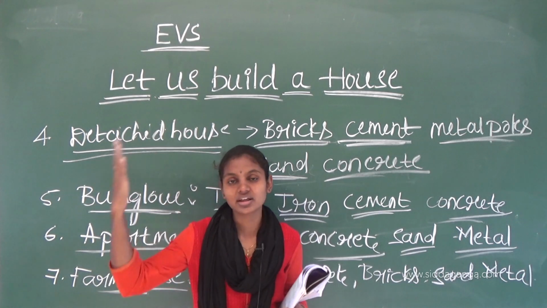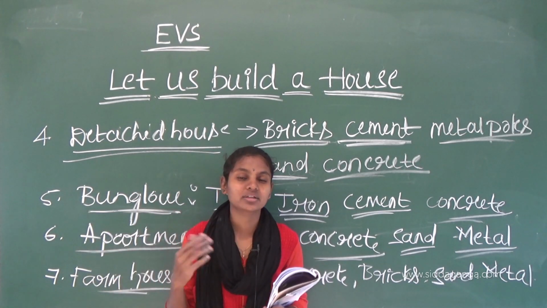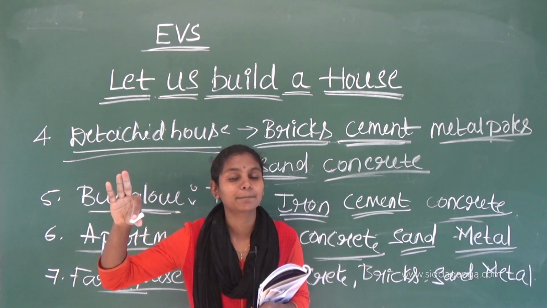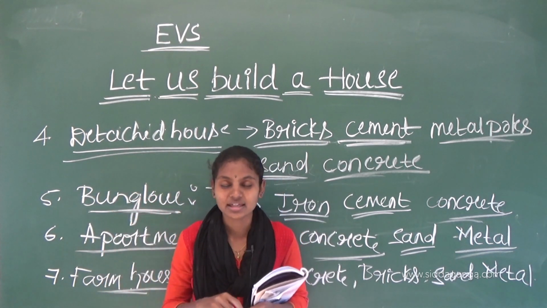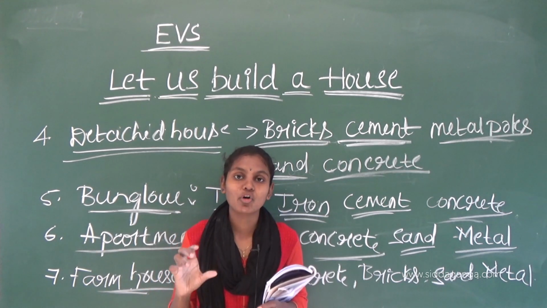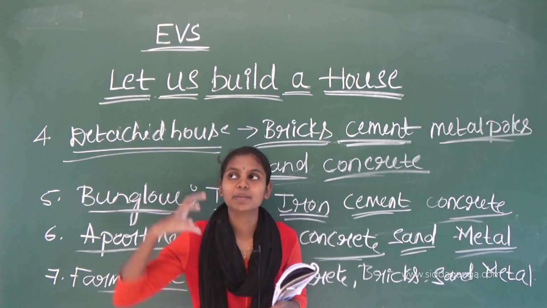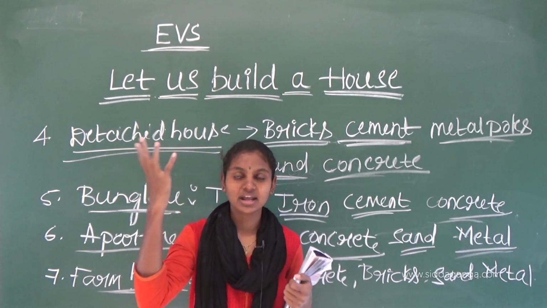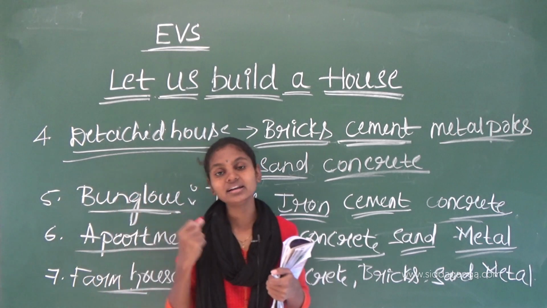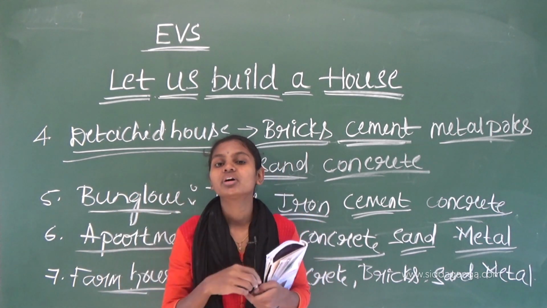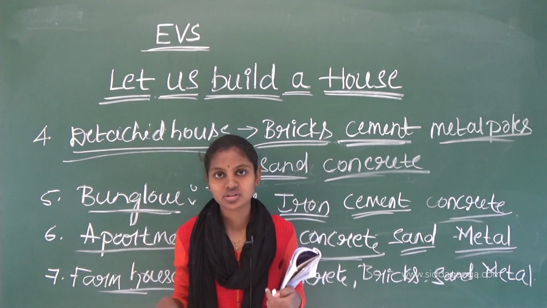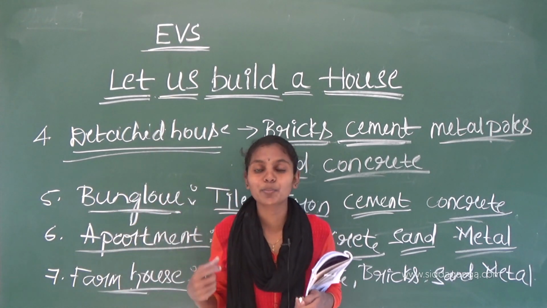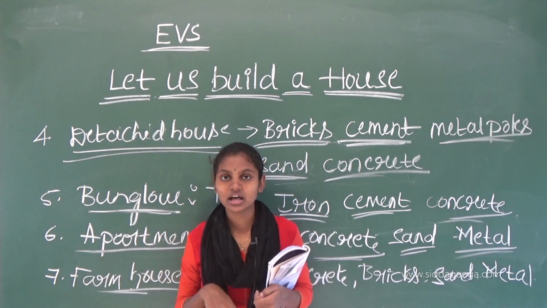Then walls are started to be constructed, and also there is a roof. So what is the purpose of the roof? Yes, the roof is made for protection from rain and sunlight. Without a roof we can't live in the house, so we have to make a strong protection for living in that house.